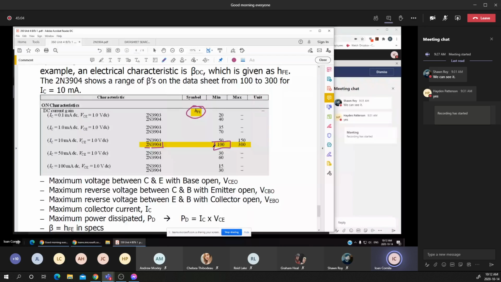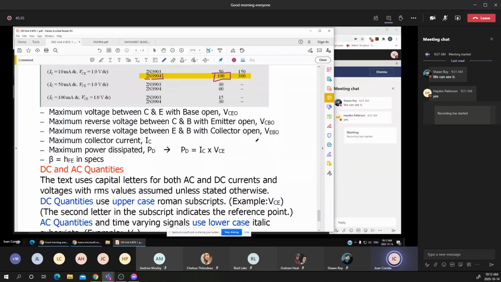In designing, I will choose the lowest value, just to make sure that I end up with a value of beta closer to the minimum value. I will maintain the transistor in the operating point.